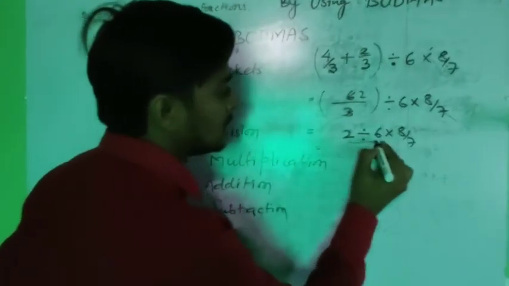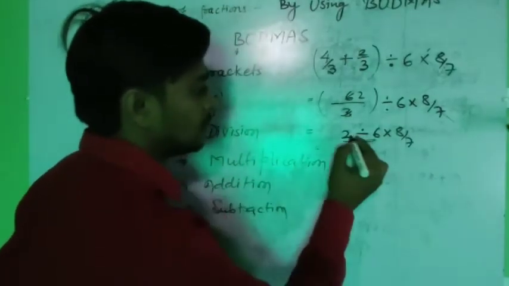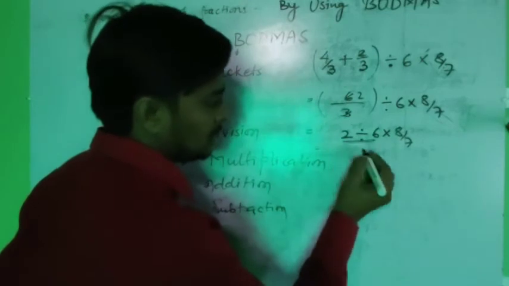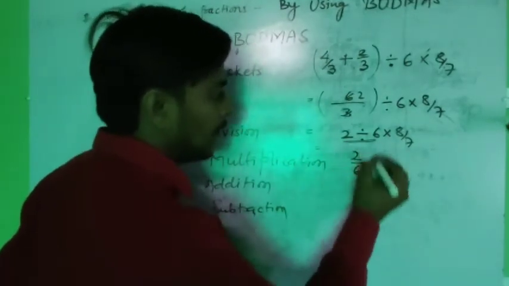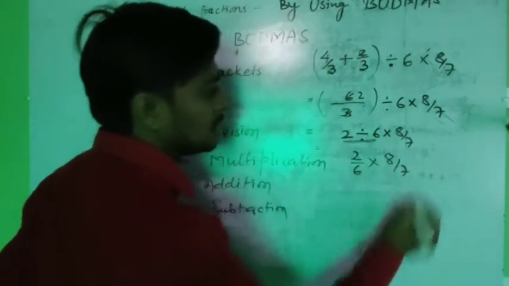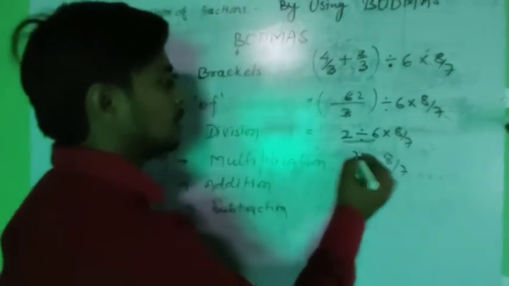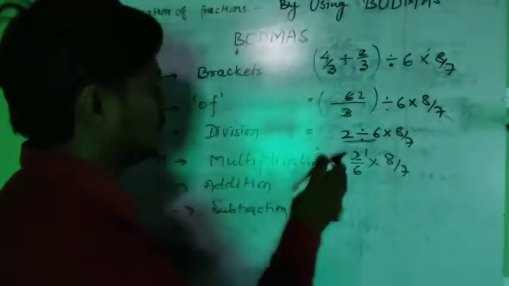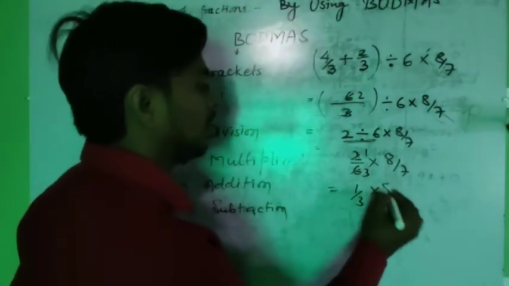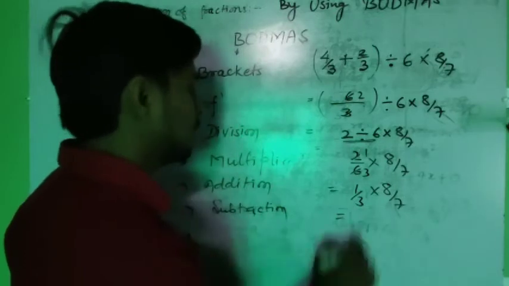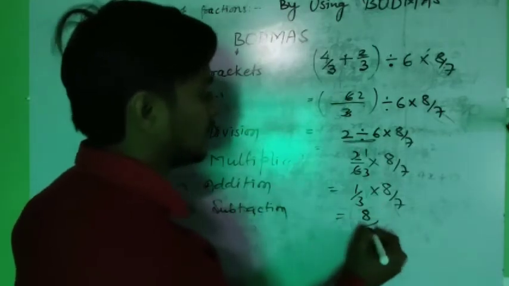So this will be solved first. 2 divided by 6 means 2/6 you can write, and into the remaining 8/7. So 2 ones are 2, 2 threes are 6, this is 1/3 into 8/7. Now this is simple multiplication, so 8 ones are 8, 7 threes are 21.